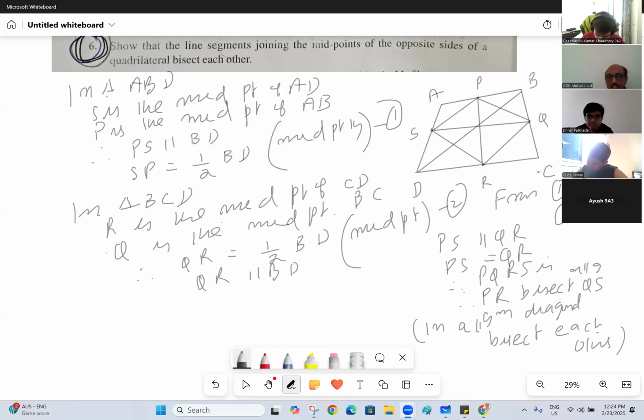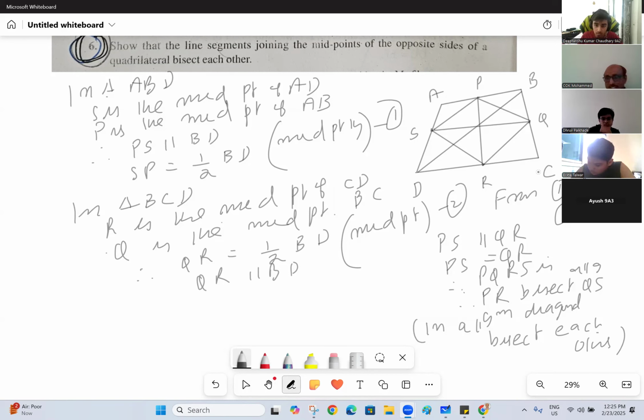Sir, in this question it says quadrilateral, but it doesn't say what kind of quadrilateral. So how do we know? It stands good for any quadrilateral. If it is a specific quadrilateral, then the inside quadrilateral will become different. For example, if it is a rhombus, PQRS will be a rectangle. For any quadrilateral, the line segments joining the midpoints of the sides will form a parallelogram.